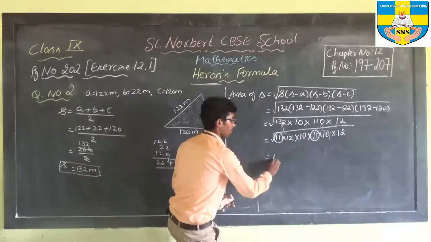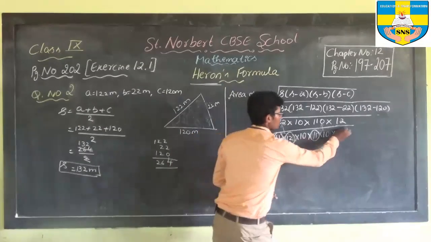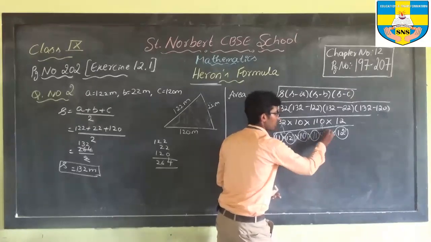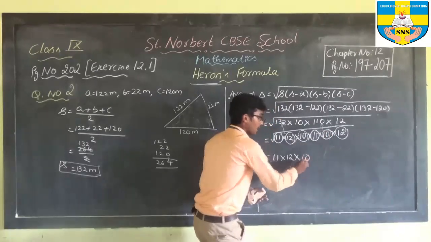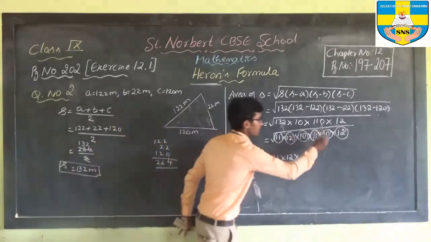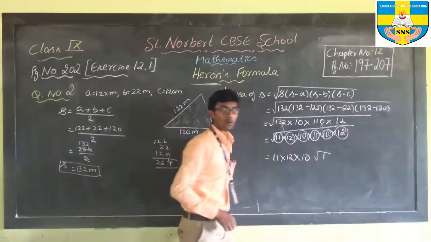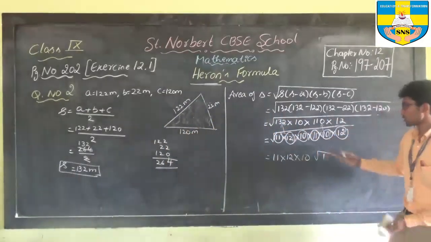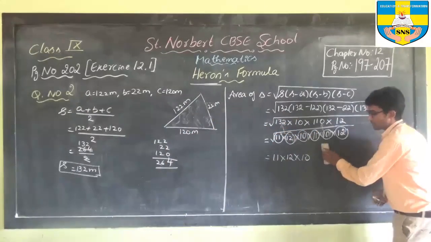Now, do you have two numbers inside this square root? 11, I can take 11 outside. 12, I can take 12 outside. 10, I can take 10 outside the square root. Now, what is there inside the square root? If nothing is there, you can imagine it as square root of 1. Square root of 1 or 1 square, both are 1, so you can neglect this number.